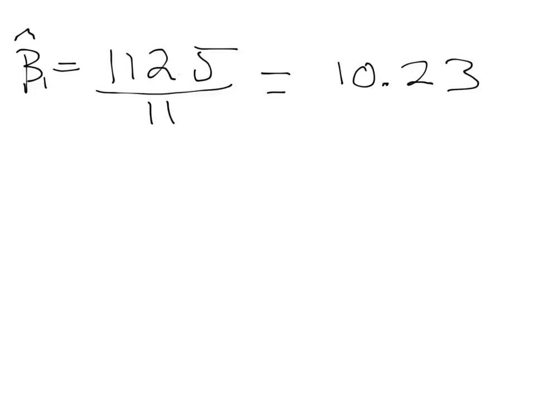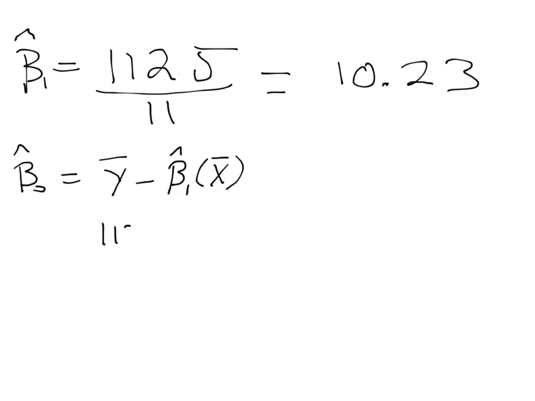The way we find the intercept term is we take the average of the y's and subtract off of that whatever we've estimated for beta 1 multiplied by the average of the x's. We can do this because we are doing regression through the mean.